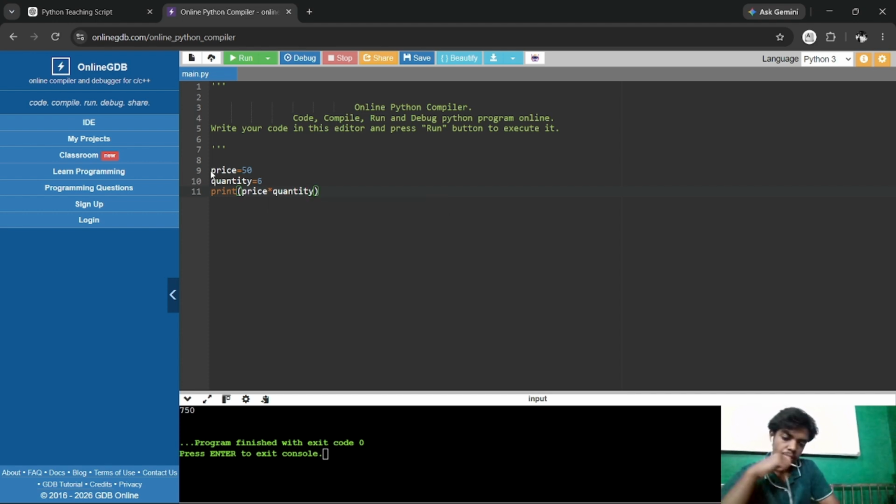What should be the answer? If you are good at maths, you should know already that it's 300. Total price is 300. Online shopping websites perform these calculations every second. If one notebook costs 50, then buying 6 notebooks will automatically cost 300.